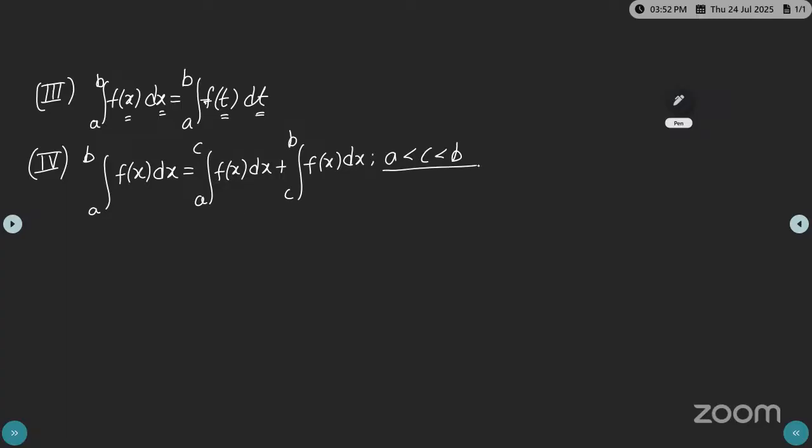If you have a value c in between a and b, you can split the integral into two parts, a to c and c to b. On summing those two, you will get the same.